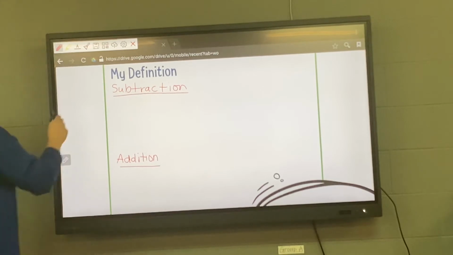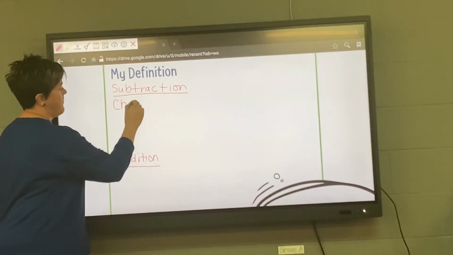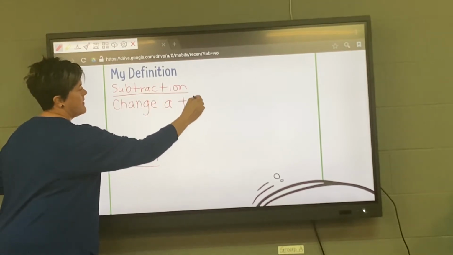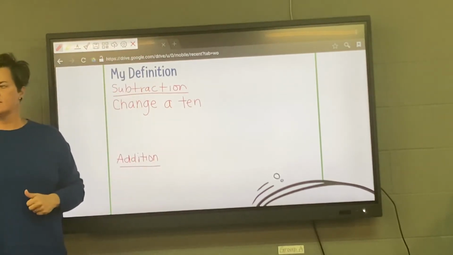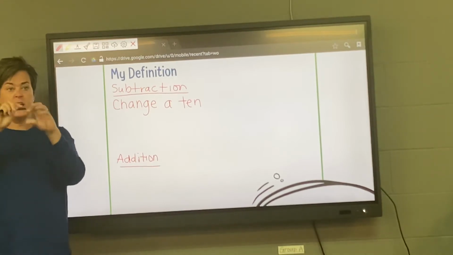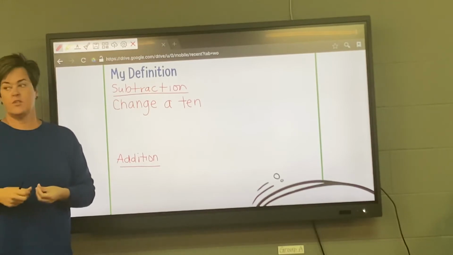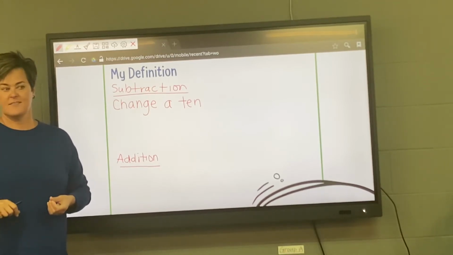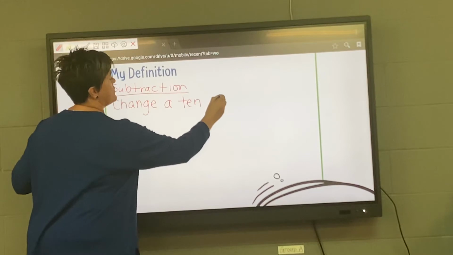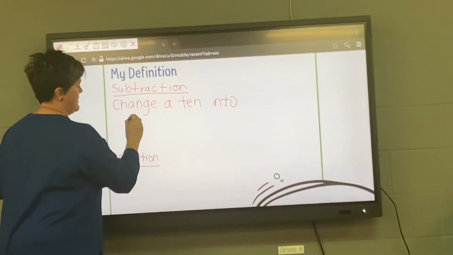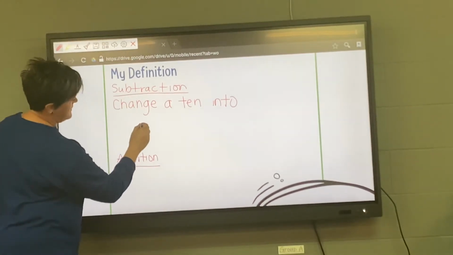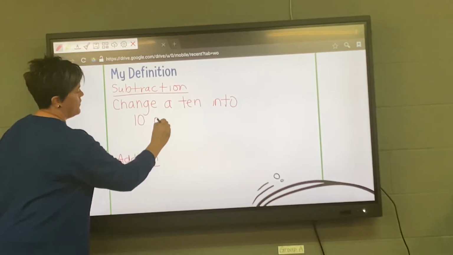So in subtraction, you change a 10 into how many ones? Change a 10, remember that's the long skinny one? You break it apart into how many ones? 10 ones. Change a 10 into, what would be the best way to write that? Into, we'll use the digit 10 this time, into 10 ones.